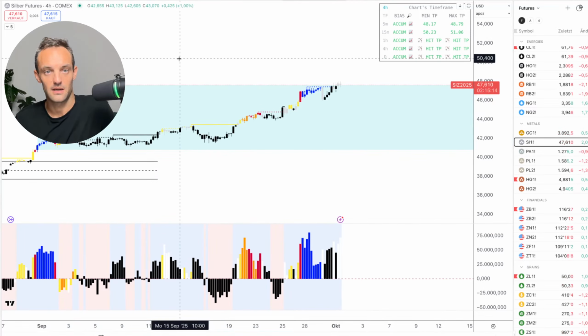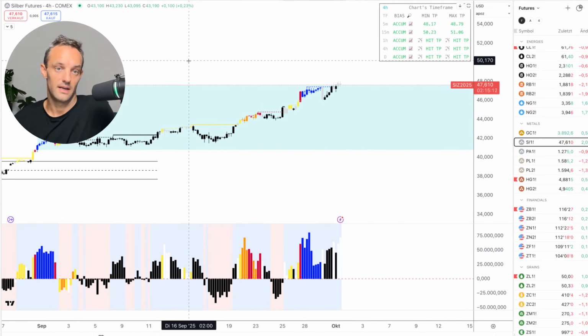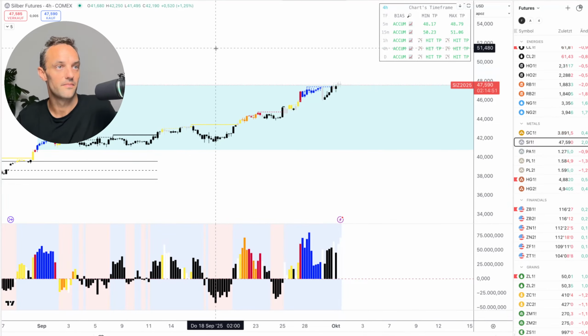When you see a colorful candle and you see the color is leaving, it's time to think about a long trade, because the short traders are getting absorbed, and the bigger time frame traders, the bulls, will continue at least to new highs and maybe trade a fake.